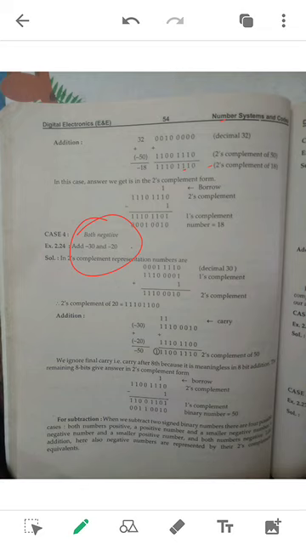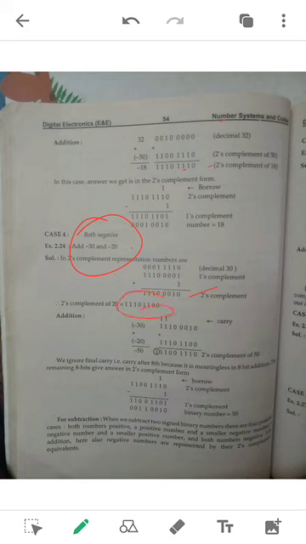The decimal number of 30 is here. As I told, minus means we have to convert the 30 into the 2's complement. After 2's complement we are getting 1110 0010. That is the 2's complement of the first number. Then the 2's complement of 20.